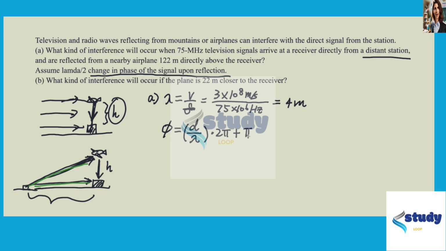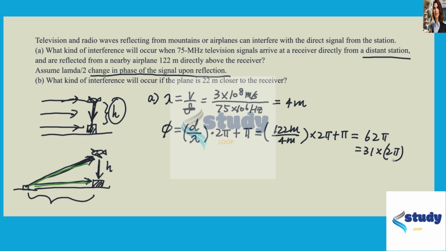Okay, now we plug in the numbers: (122 meters minus 4 meters) divided by 4 meters, times 2 pi, plus pi, equals... 122 over 4 is 30.5, and times 2, that is a total of 62 pi, which is 31 times 2 pi.